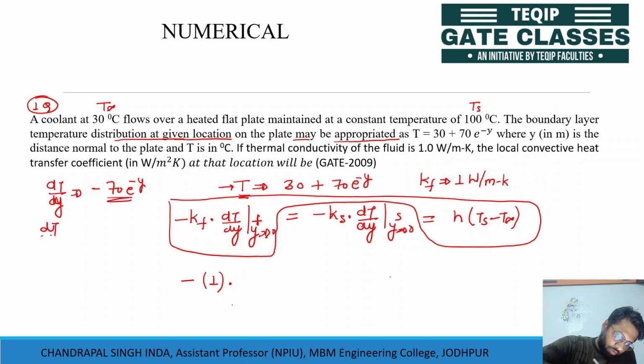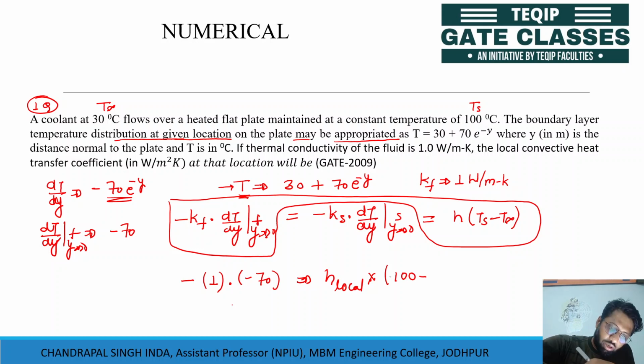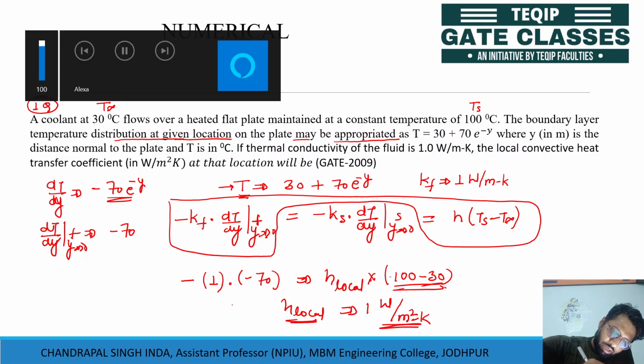So dT by dy at y equal to 0 for the fluid is minus 70, which is equal to H local multiplied by Ts, 100, minus coolant temperature, 30. So the H local will be 1 watt per meter square Kelvin.